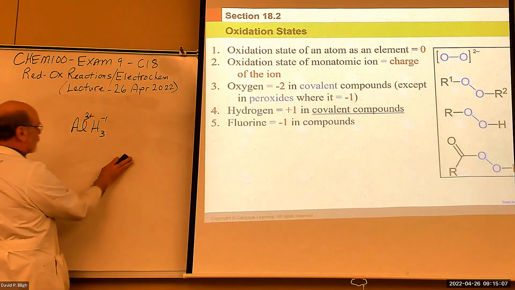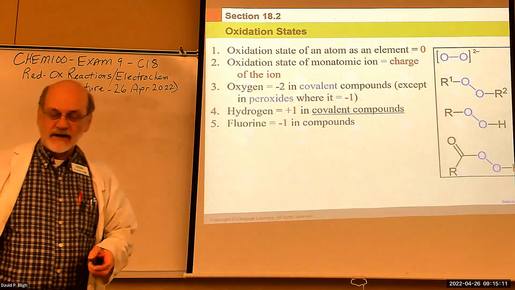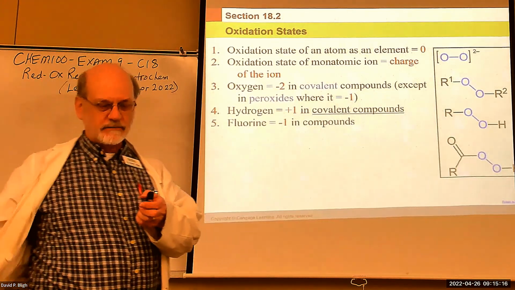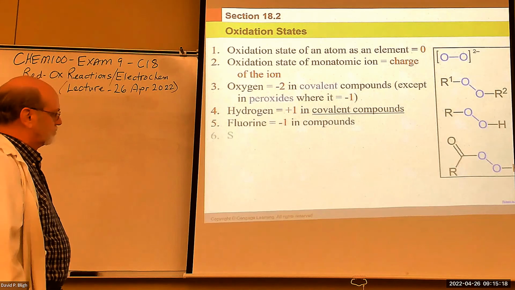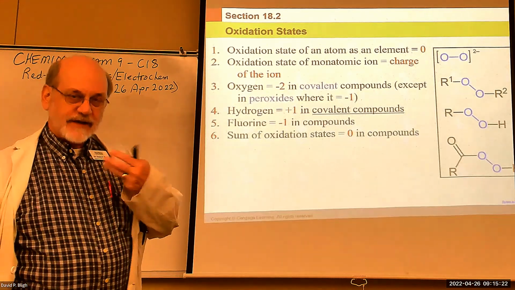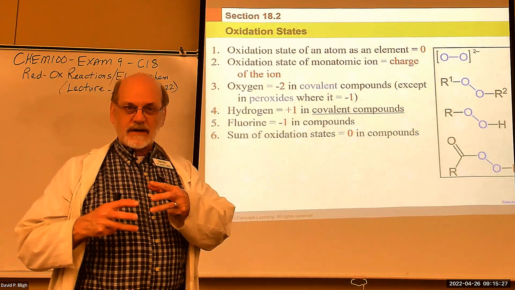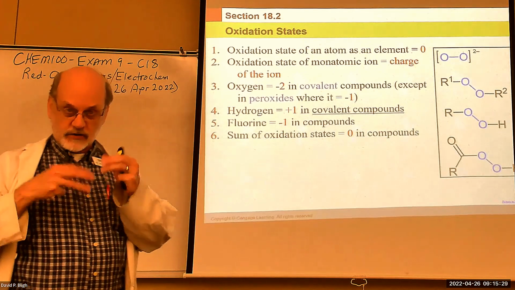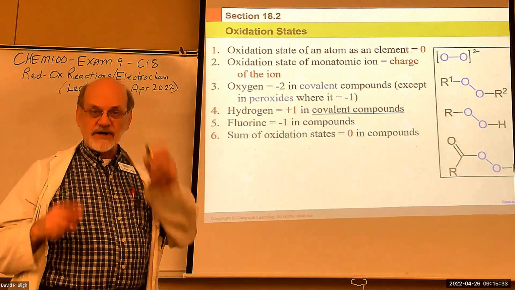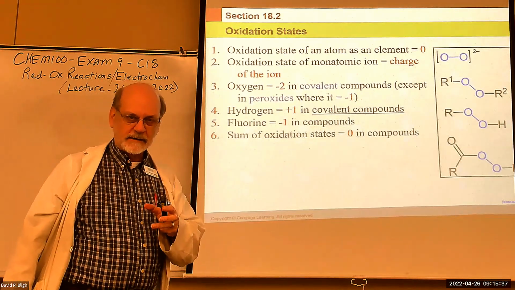Fluorine. If fluorine is in any compound, it doesn't matter what it is, fluorine is always taken as -1. No other options. When you've assigned oxidation states to all the atoms in a compound, then if it is a neutral compound, all of the oxidation states must add up to 0, to neutrality.